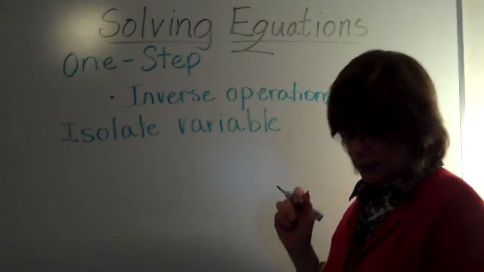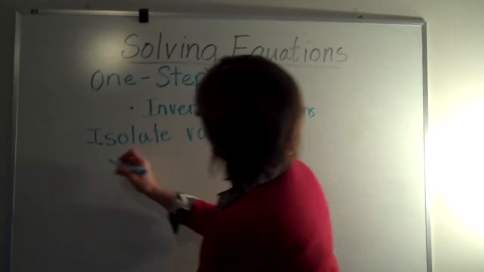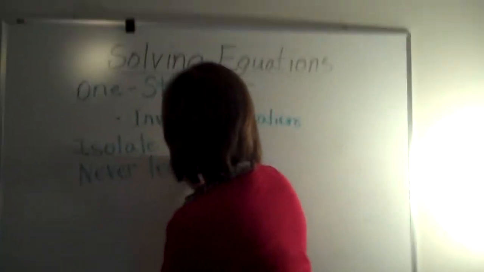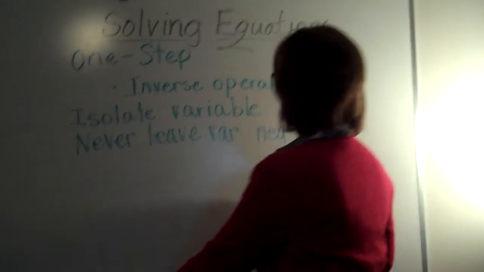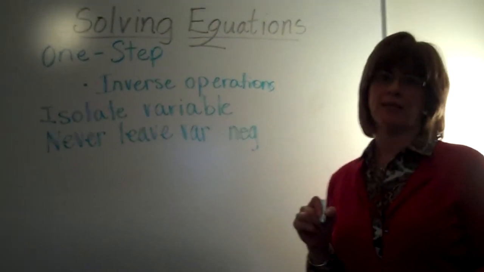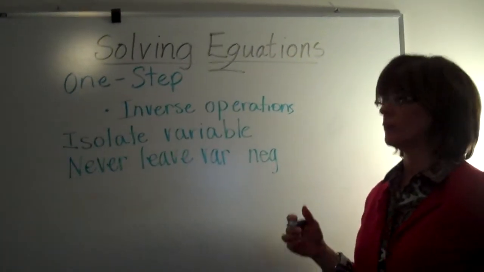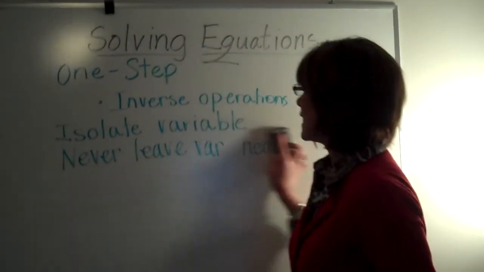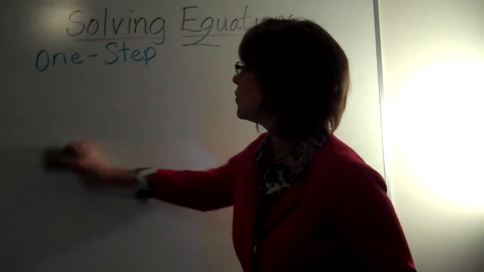We never want to leave the variable negative. You always want to make it positive, which is always just going to mean dividing by -1 if it is negative. So let's take a look at a few examples of one-step equations.